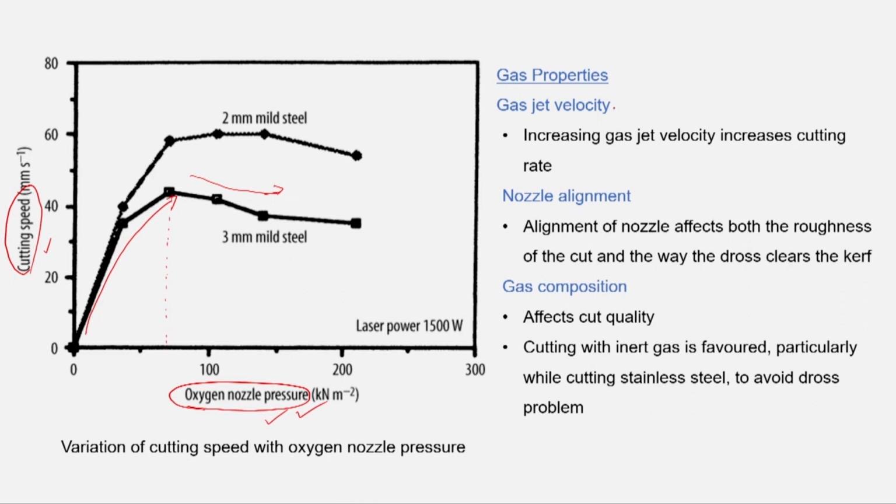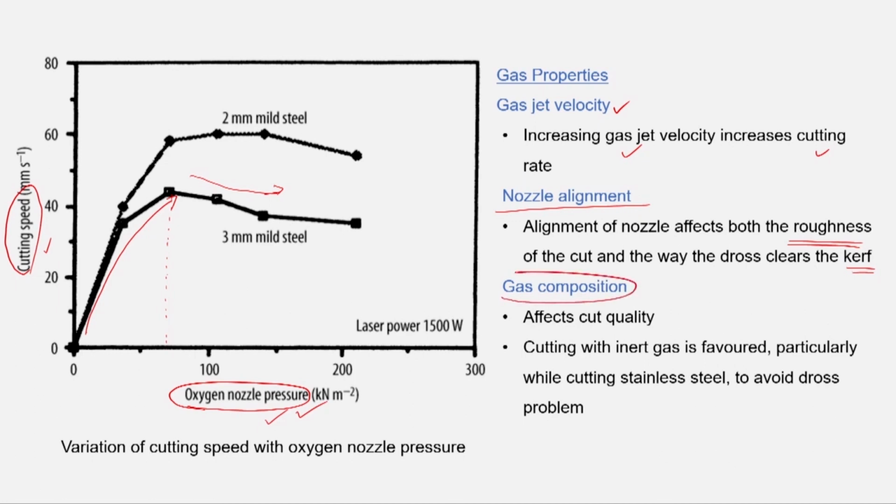So, the jet velocity has to be carefully chosen. If we increase the jet velocity, the cutting rate is getting increased. As far as the nozzle alignment is concerned, the nozzle has to be properly aligned with the laser beam, which affects the roughness of the work part and the kerf width as well.